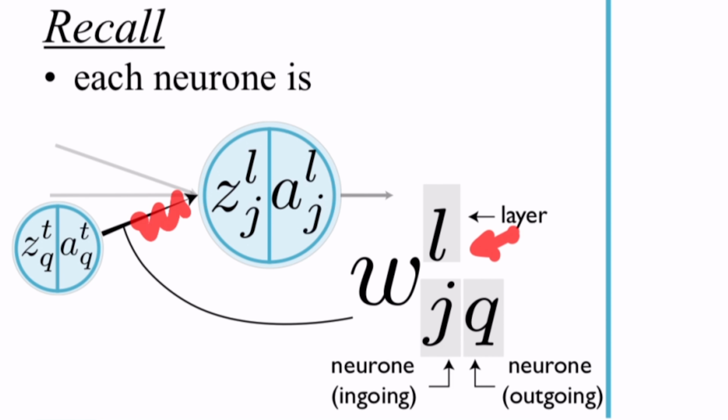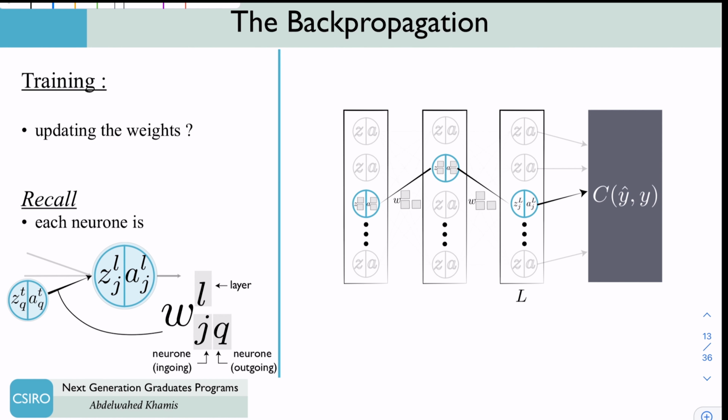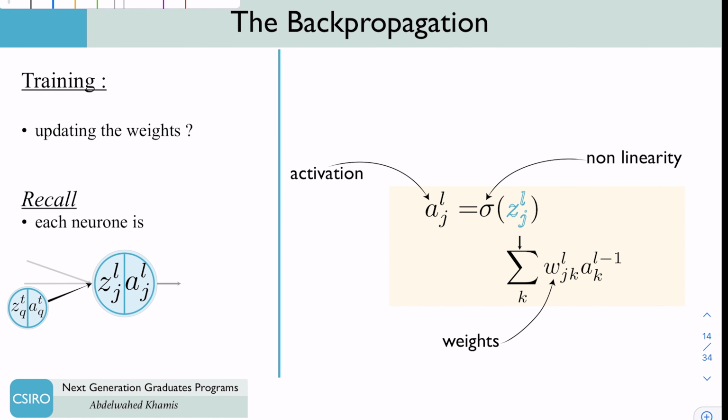So this particular weight has a value of L, which means it's ingoing into another neuron in layer L. The subscript has two symbols. The first one is the index of the ingoing neuron, while the second one is the index of the outgoing neuron. This can be counterintuitive, as one might expect the order to be the other way around, but it's done for mathematical convenience.